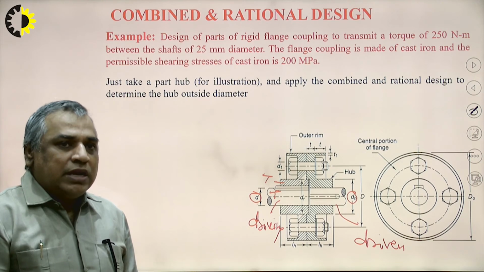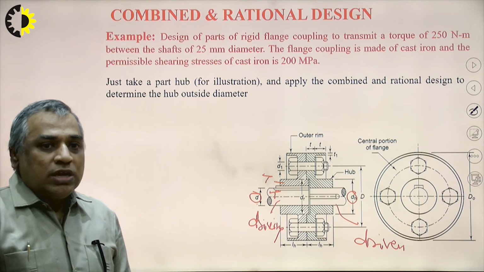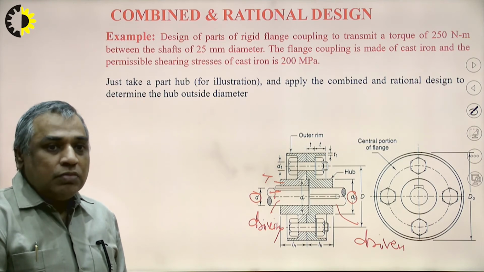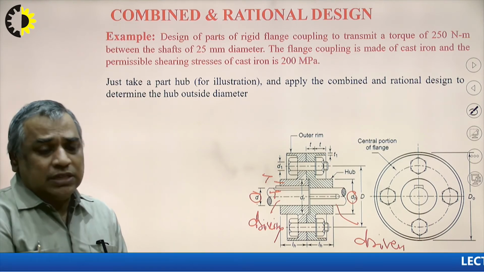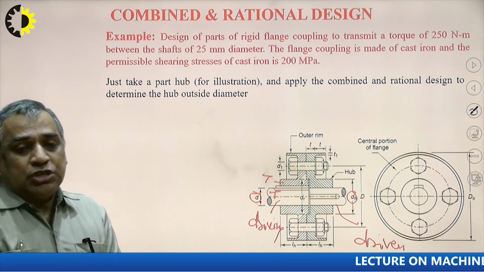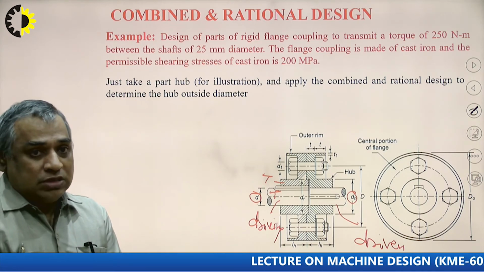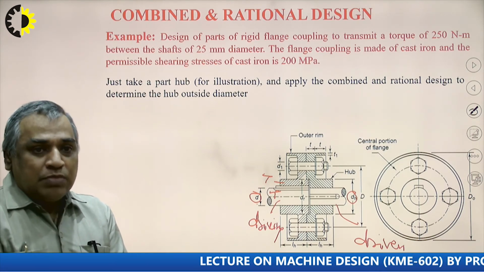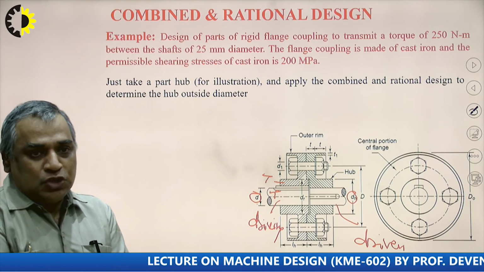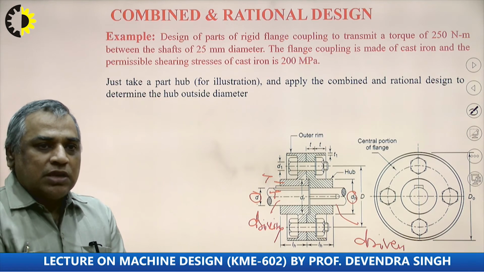In combined and rational design, it is mentioned that in no case should the dimension be less than the empirical dimension if the material is not different. Here I again mention that the material we use for the flange coupling is cast iron.